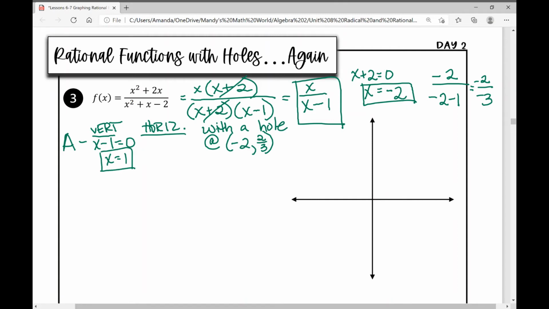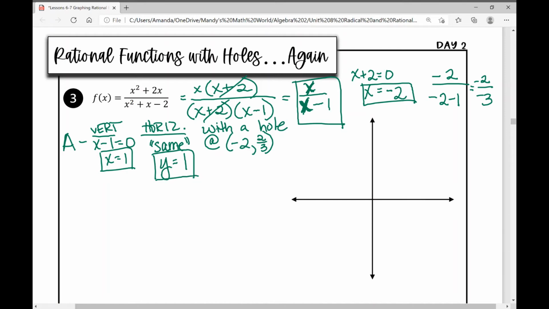For the horizontal asymptote, I'm looking at the degree of the numerator and the denominator, and I can see that I have an x, which is just x to the power of 1, and then the degree of the denominator is just x to the power of 1, so they are the same, which means the horizontal asymptote is the ratio of the leading coefficients of the numerator and denominator, which is y equals 1.